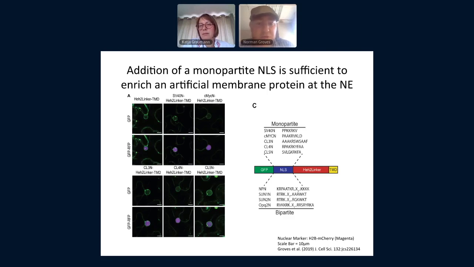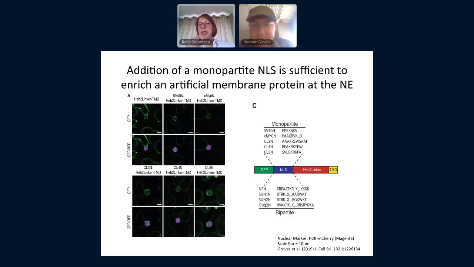I don't have those images in this presentation, but it is, I believe, a supplemental that I included in the paper. So some nuclear localization signals appear to induce deformities more often than others, but it is a relatively rare occurrence.